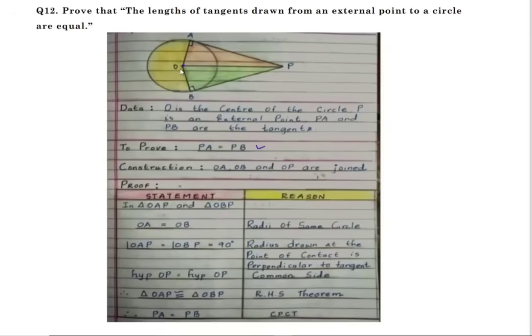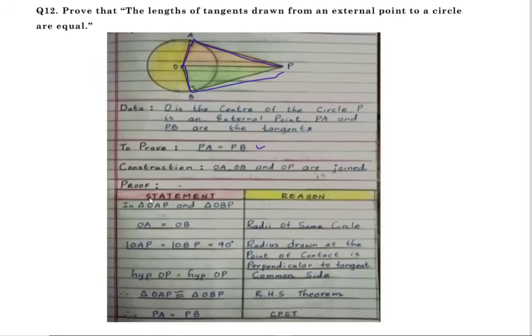Now, angle OAP will be equal to angle OBP because the radius drawn at the point of contact is perpendicular to the tangent. So angle OAP equals angle OBP equals 90 degrees.